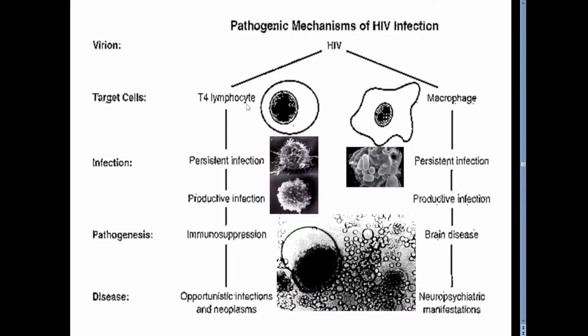Target cells, T lymphocytes or macrophages, persistent infection, then a period of persistence or latency. Then sooner or later it causes productive infection, immunosuppression, and as a result opportunistic infections, or if it's macrophages, usually brain diseases and neuropsychiatric manifestations.